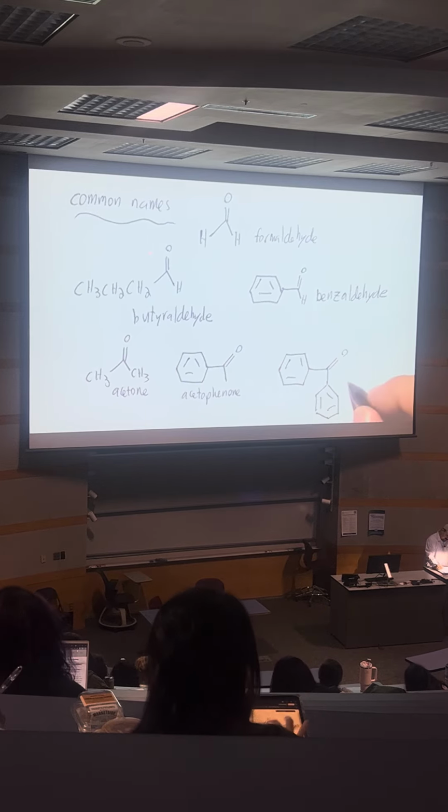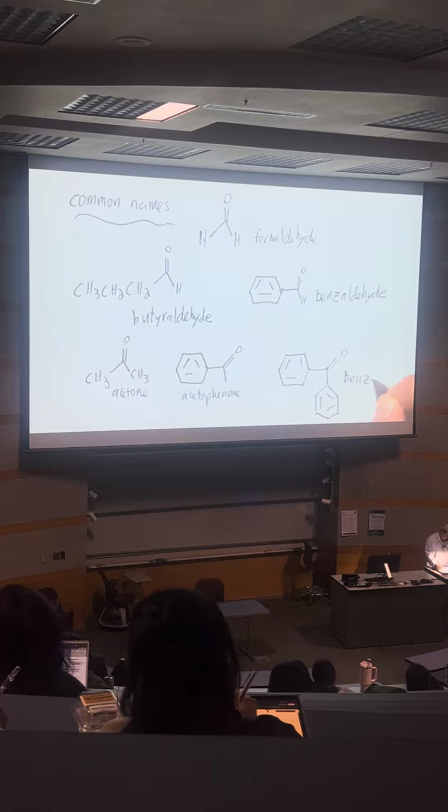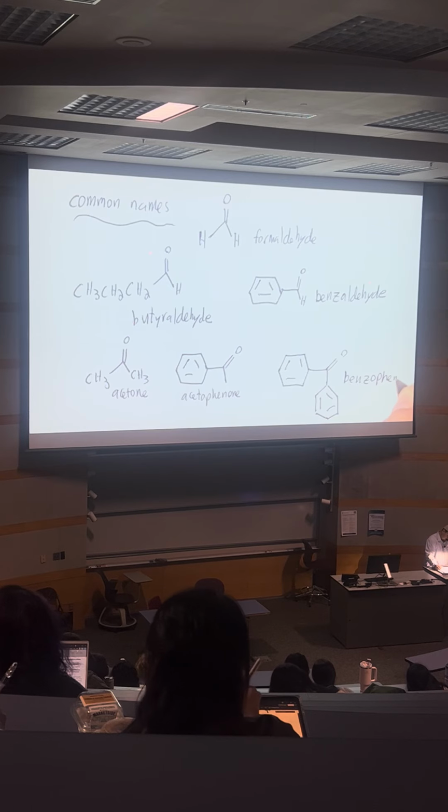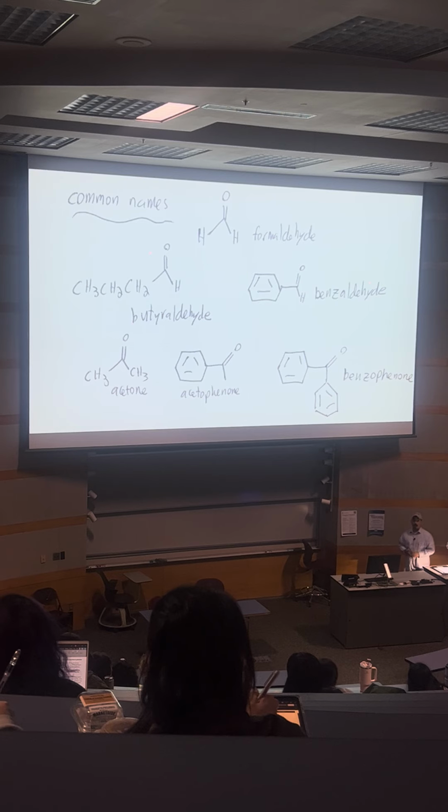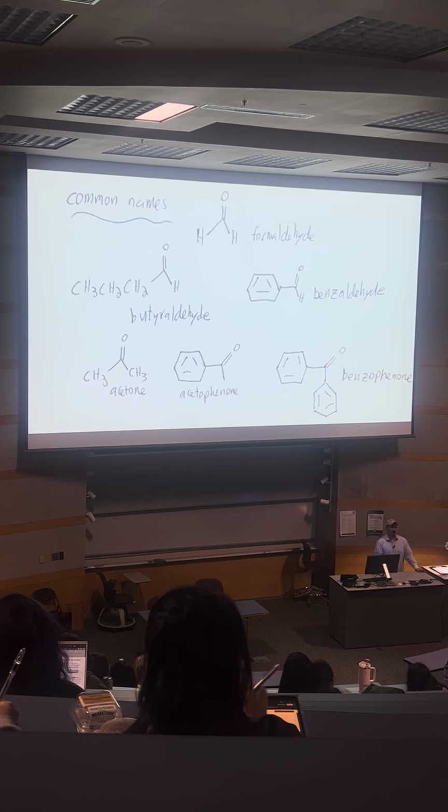The structure is benzophenone. Right. So again, these are not IUPAC systematic nomenclature. These are just common names. Some of them you'll see a lot in the chemical industry. Some of them you're going to see a lot just being in an academic environment.